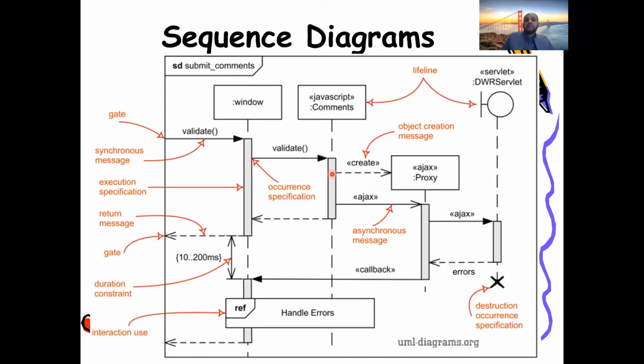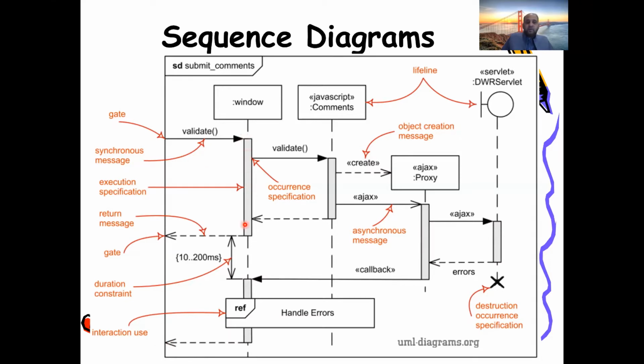As a result, with the create message, a proxy object is created. And later on, Ajax message is sent, which is an asynchronous message that is sent to the proxy object. So first the object is created and then the message is sent to this object. As a result, Ajax message is sent to DVR sublet object. Now, after sending this message, error is returned. As a result of this error, callback message is sent to Windows, and as a result, a message is sent back out of the sequence diagram.